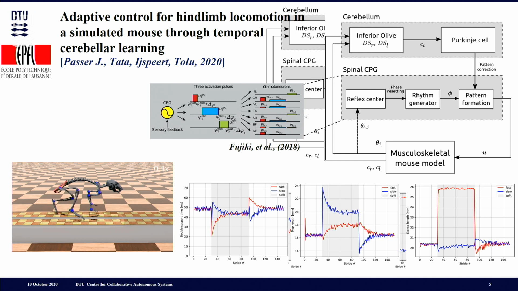What we noticed in our experiment was that actually the cerebellum was modifying the pattern formation of the spinal central pattern generator, by modifying the parameters of the interlimb and not intralimb coordination. And this agrees completely with what we see in experiments with human beings.